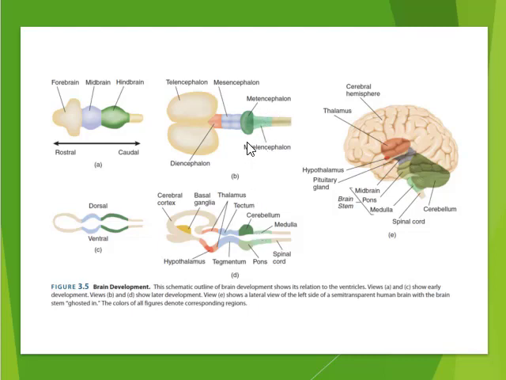And here is the human brain at birth, and all these brain regions have become subsumed by a very large cerebral cortex, and we can see the linkages between these brain regions in the human and analogous brain regions in other organisms.